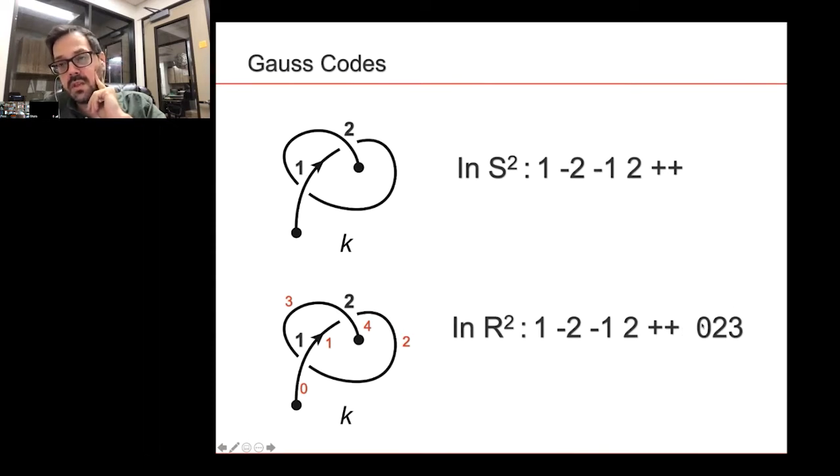So we have a third part in this Gauss code that says 0, 2, and 3. There are many ways that you can deform a diagram in S2 and have different regions outside. But now you can actually reconstruct it even in R2. You know exactly what you're talking about. You have the full information.